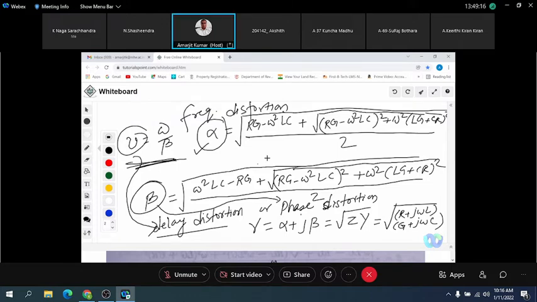Can we make the transmission line a distortion-less transmission line, in which there is no delay or phase distortion, neither frequency distortion? Is it possible? If it is possible, then what is the remedy?